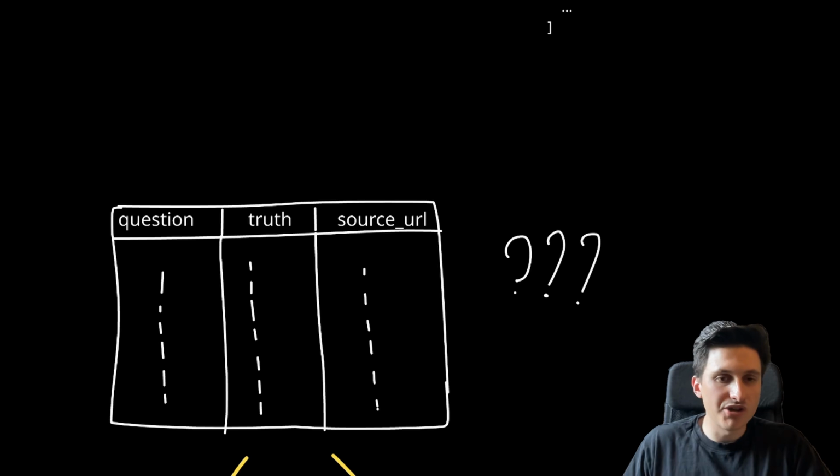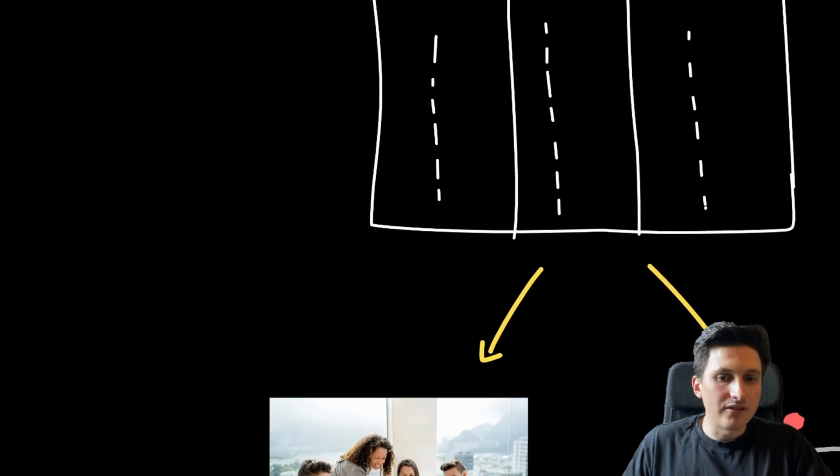And to get such a data set, probably the best way is if you really have some human experts who are willing to create some questions about the knowledge domain, answer them, and also provide links to where this answer can be found. But of course, we all know that people don't really like to do this job, just creating data sets. So it's probably hard to get a hold of them.